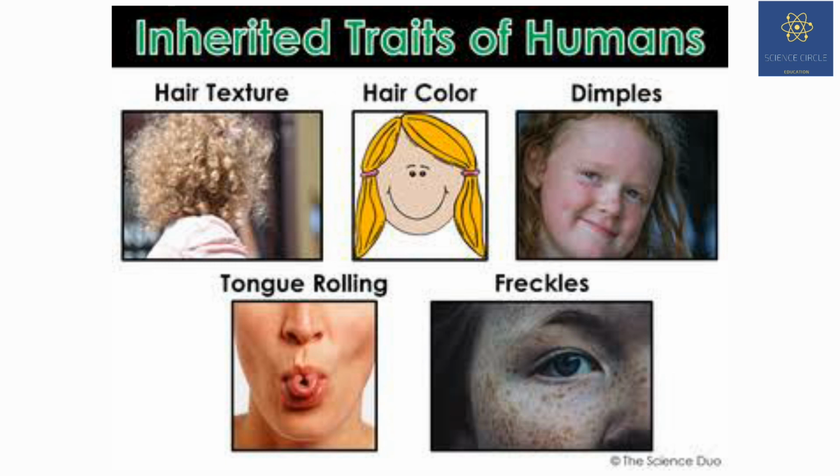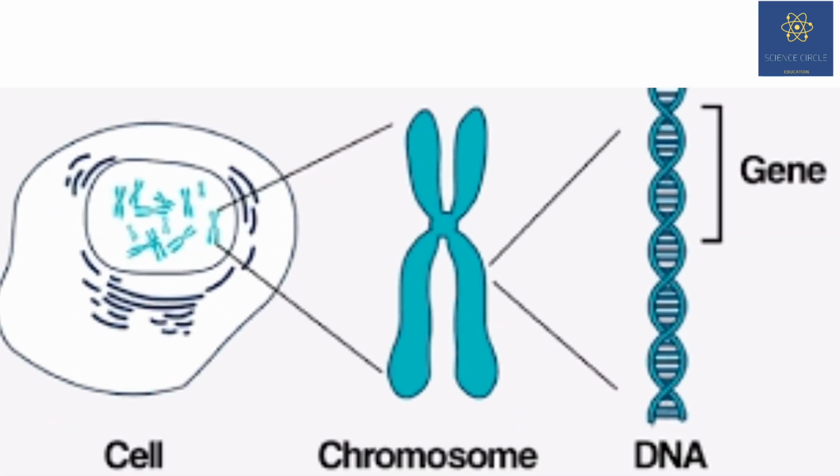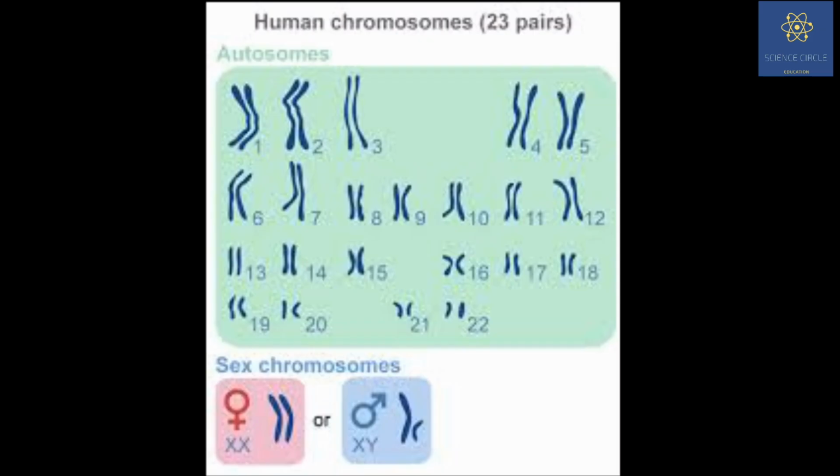This is because of the genes, which are responsible for carrying the characteristics from the parents to the offspring. We have 46 chromosomes in each human body. We will discuss the chromosome structure in detail in a later part of the video. The 46 chromosomes is constant for all human bodies.